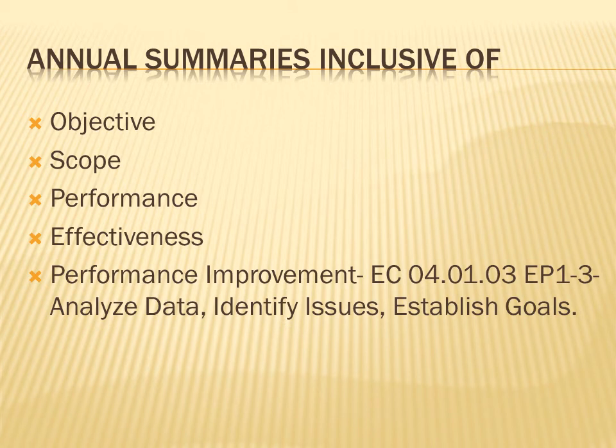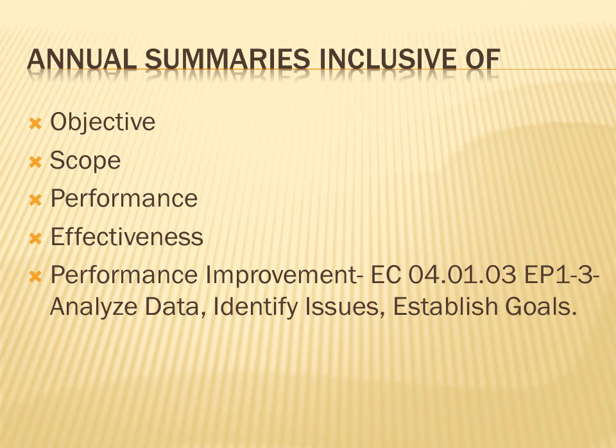Inside of these summaries, there are several things that need to be standardized. They need to have their objective, their scope, their performance, and their effectiveness. And there's something outside of the EP that I include with the overall summaries, and that is performance improvement, which comes from EC 04 01 03, EPs 1 through 3.